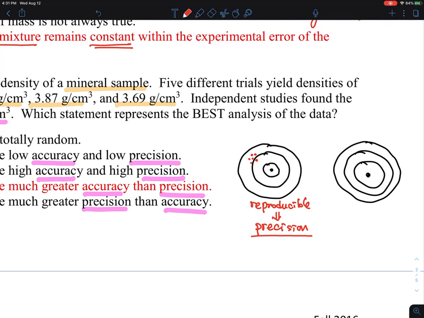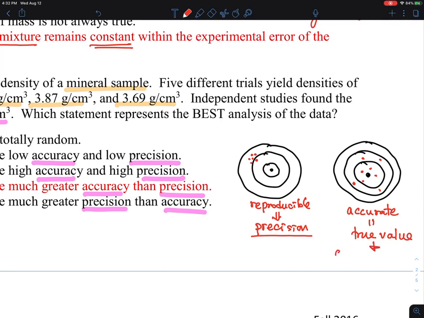Whereas for this one, let's say the measurements might be scattered, but if you look at the average of these measurements, you'll find this one is actually quite accurate, or we call it close to the true value, right?